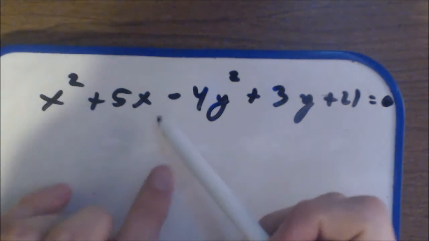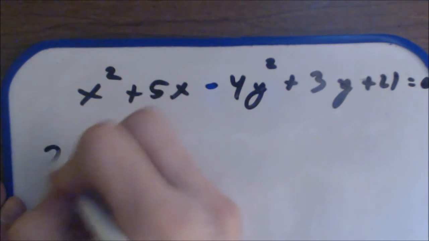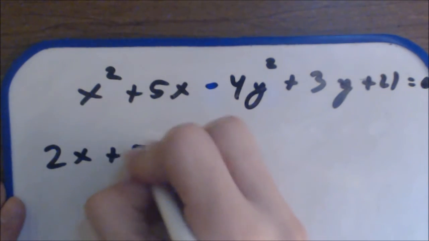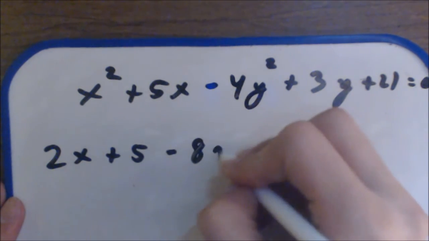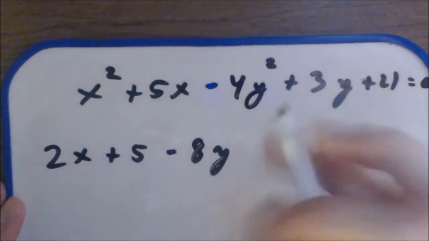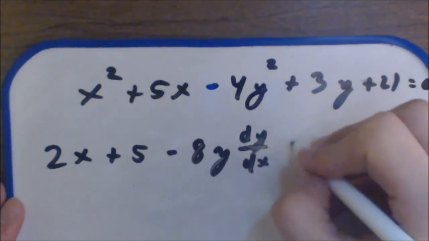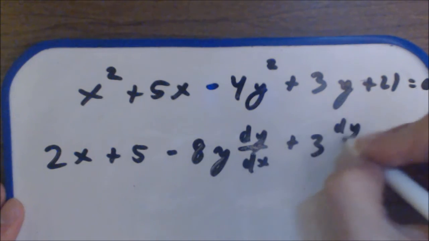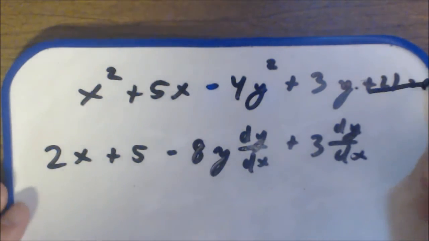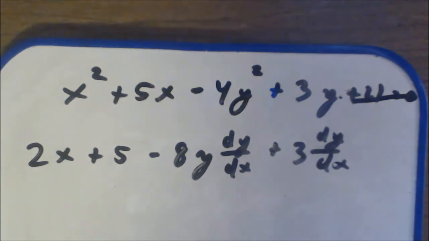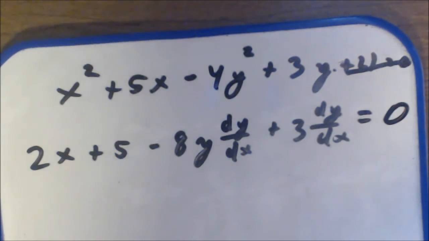This is going to be equal to 2x plus 5, because you're using the power rule, minus 8y dy dx, remember, because when you take the derivative of anything with a y you add dy dx, plus 3 dy dx, because there's a y here. And the rest cancels, because when taking the derivative it just disappears. So it's equal to 0.